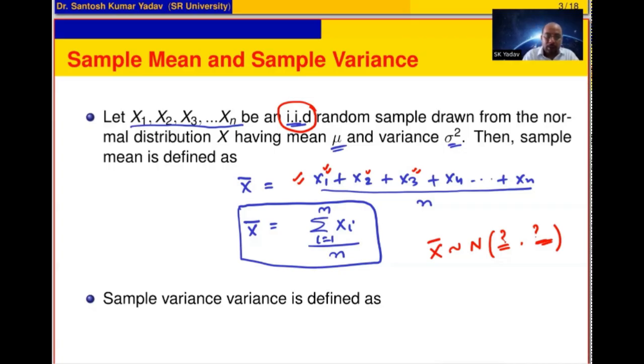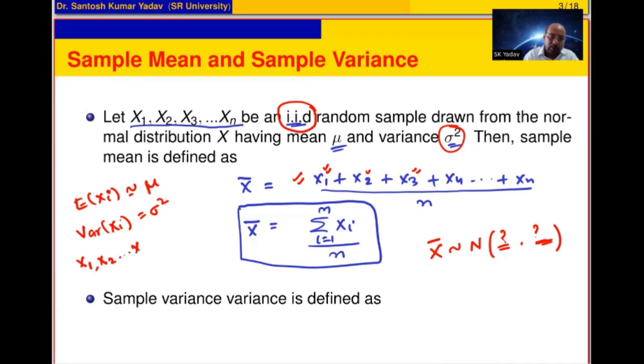So each of the xi has the mean of the population, which is mu, and each unit xi has the same variance as the population, which is sigma square. This will be used, and x1, x2 up to xn are all independent.